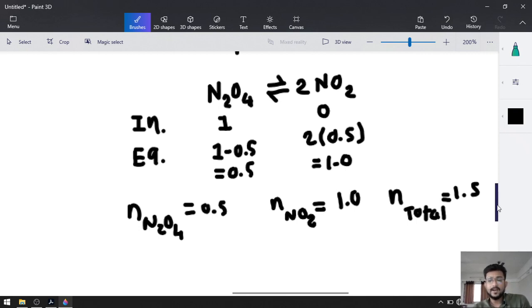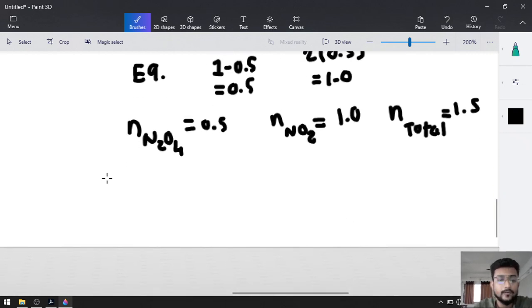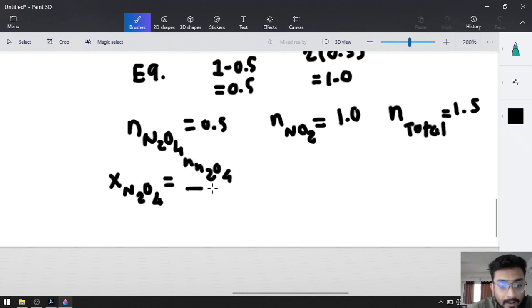Okay, now let's find out the mole fraction of N2O4. X N2O4 will be equal to number of moles of N2O4 divided by N total. So it will be equal to number of moles of N2O4, which is 0.5, and total mole is 1.5.